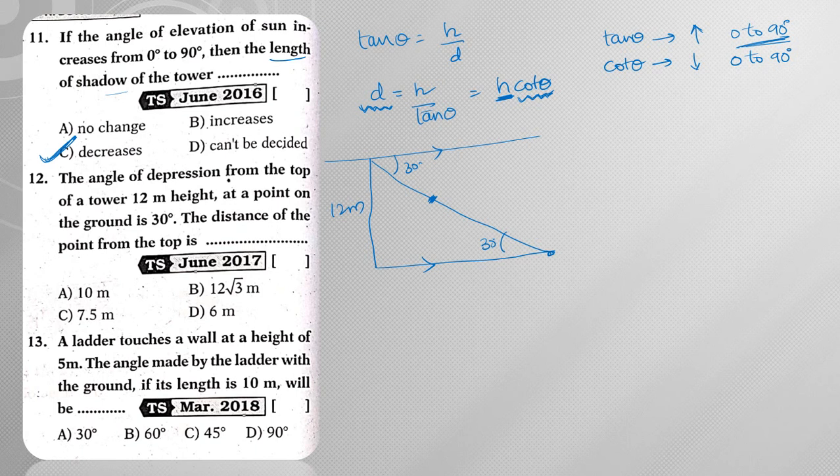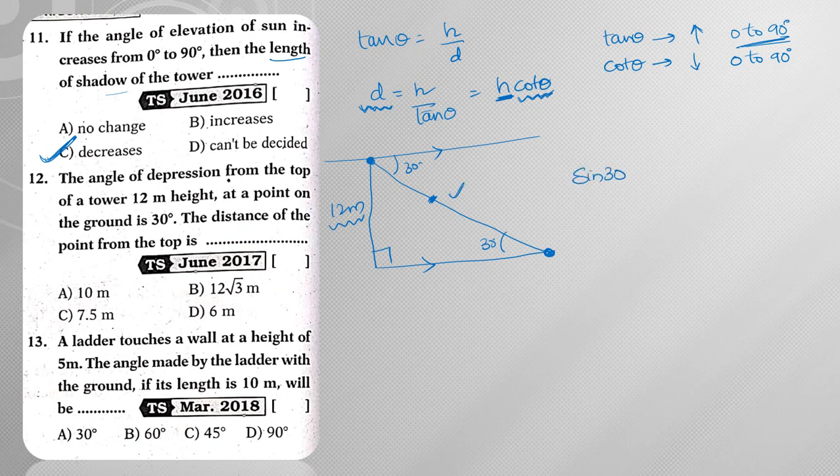Next, the distance of the point from the top. Now he is asking you to find this particular distance. So what is this particular distance called? Hypotenuse, right? Now we need to find this hypotenuse. What do I know? I know the value of the opposite side. So when I know the opposite and need to find the hypotenuse, I can go for sin theta.